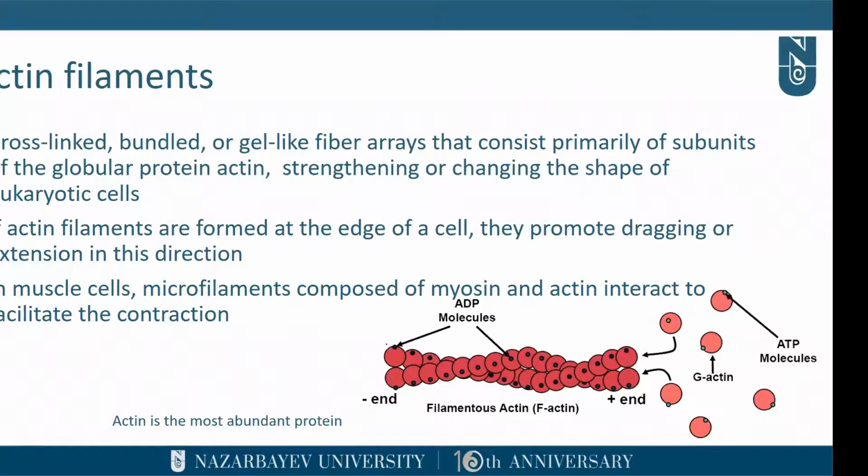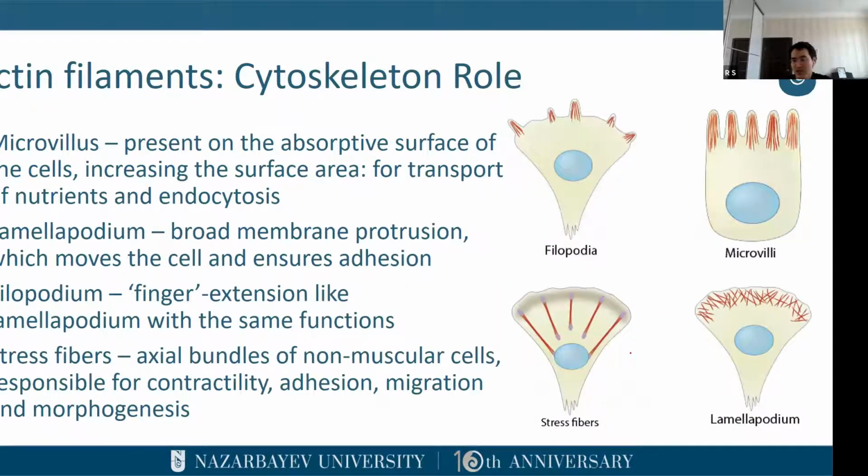Okay, we have these monomers, and they build this filament, which is the polymer, okay? This polymer plays a role in the formation of such elements as filopodia, lamellipodia, microvilli, and also stress fibers.